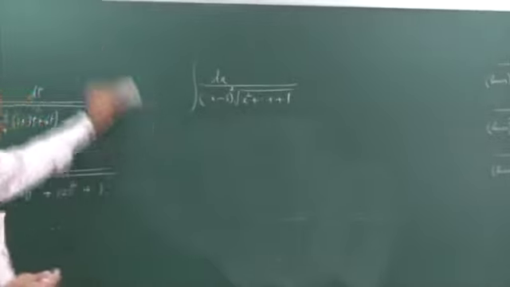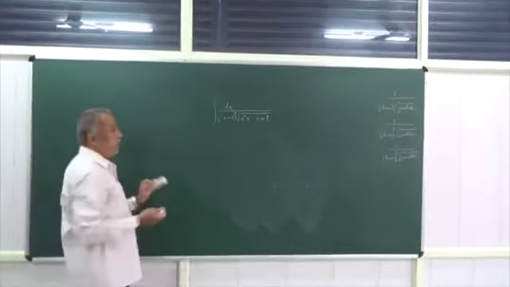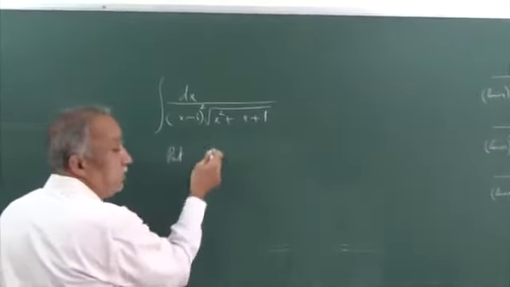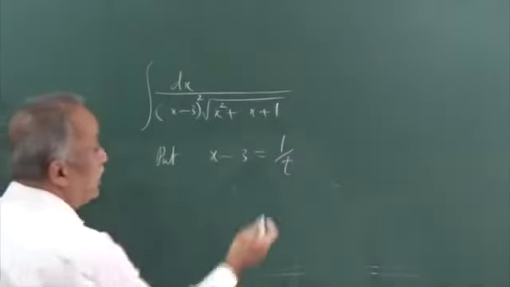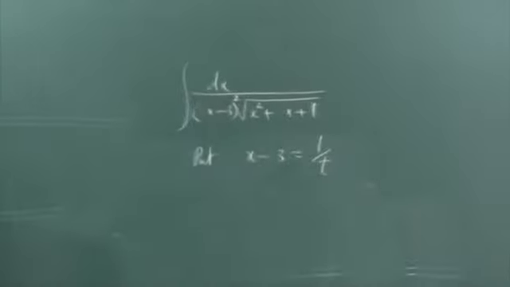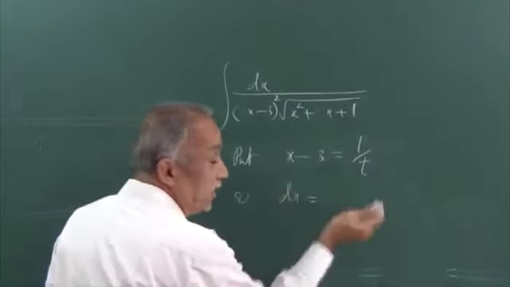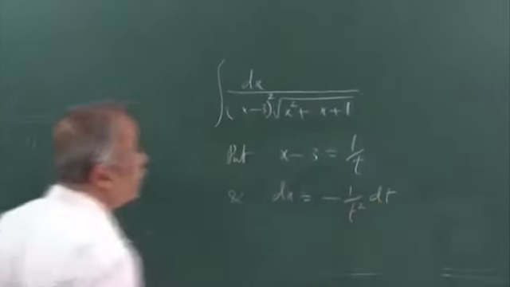Just for a change, I am changing the coefficients. The substitution to be made use of, similar to the previous one, not exactly same, similar to the previous. I will apply the substitution 1 by t, x minus 3 equal to 1 by t. As a result, the replacement I get for dx is minus 1 by t square dt.